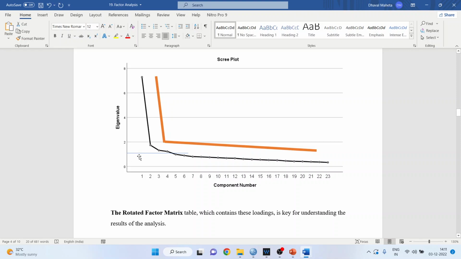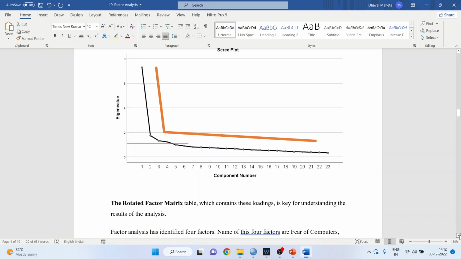If you draw a line at 1, we are in the position to say how many factor solution is appropriate, or rather a correct solution. So if I draw a line at 4, 1, 2, 3 and 4, the 4 factor solution is the best for this data. So we have used 4 factors only.